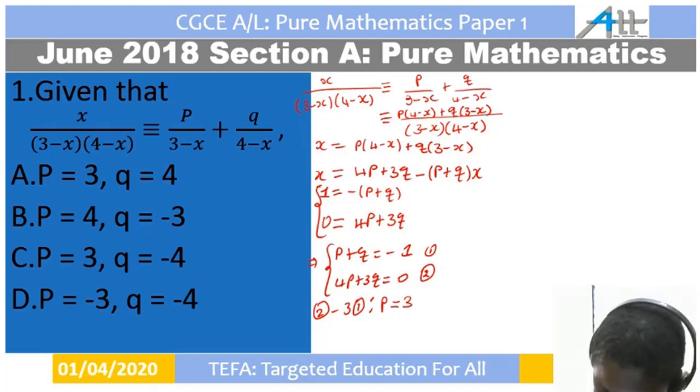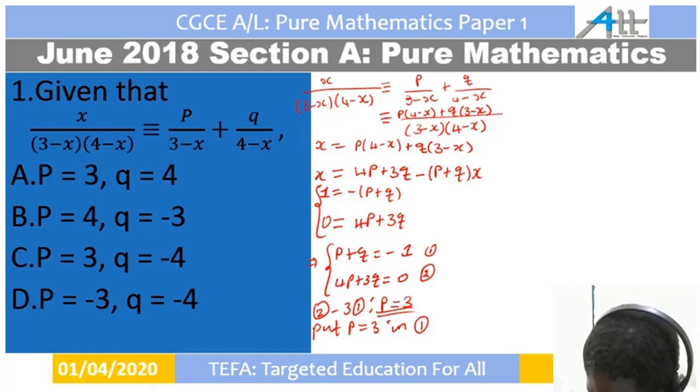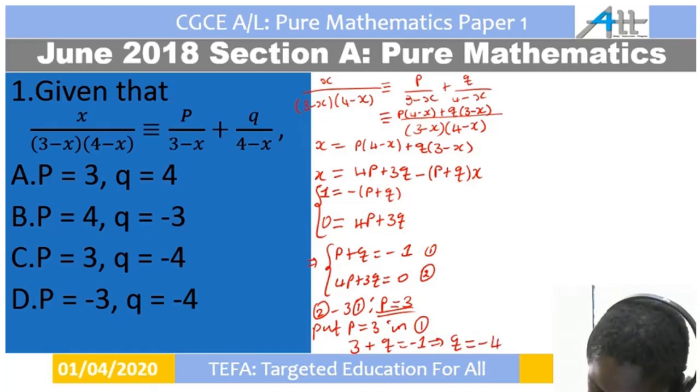So p is 3. We put p equal to 3 in equation 1. We obtain 3 plus q equals negative 1. So we obtain q as negative 1 minus 3, negative 4. Therefore, we are saying that our p is 3 and q is negative 4 as our values.